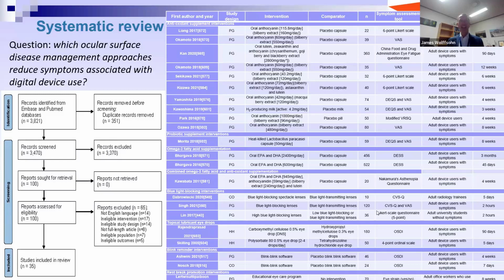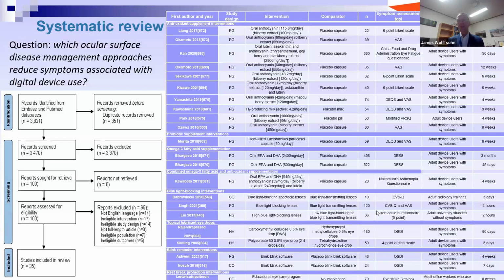And like is often the case in your first search, that identified many papers, but when you rationalize those down to randomized controlled trials, so those trials where we're comparing things compared to a placebo type environment, then we limit it to only 35 trials. And you can see those in the table here.